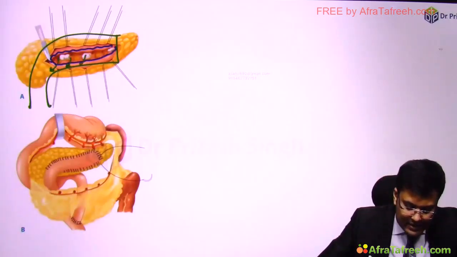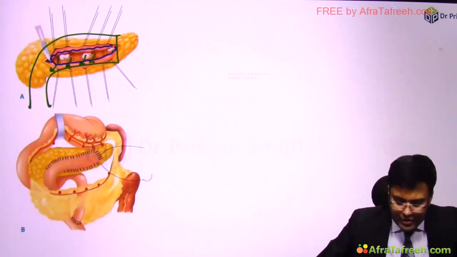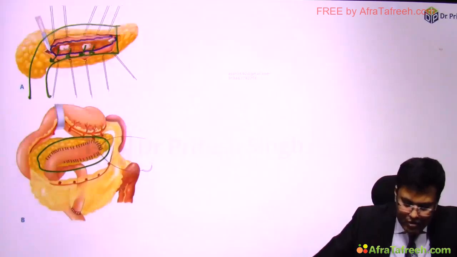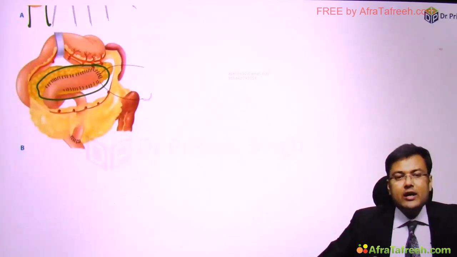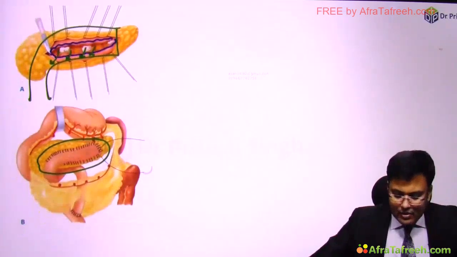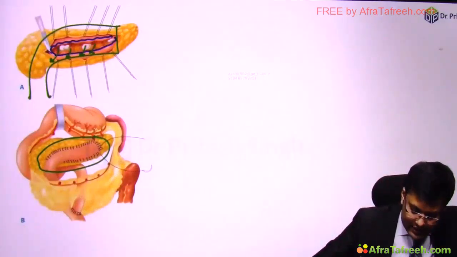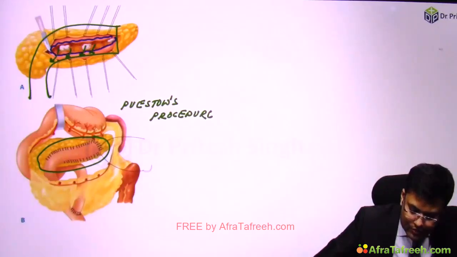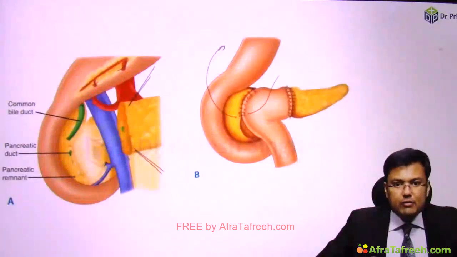What's the name of this anastomosis? Longitudinal pancreatico jejunostomy. And what's the name of this procedure? This is Puestow's procedure.